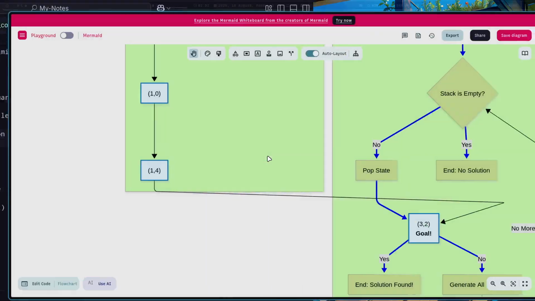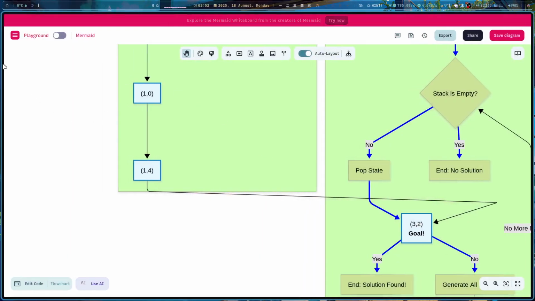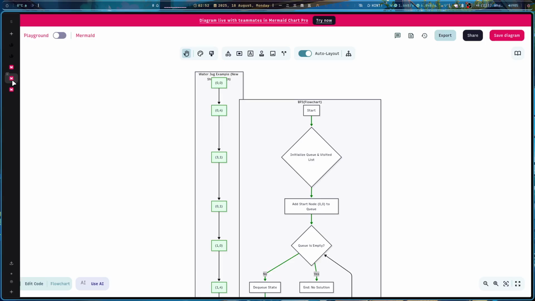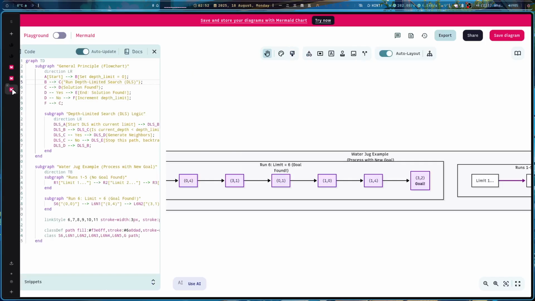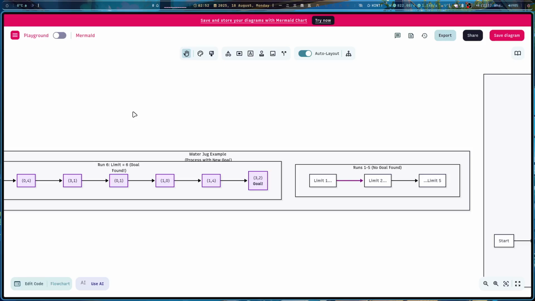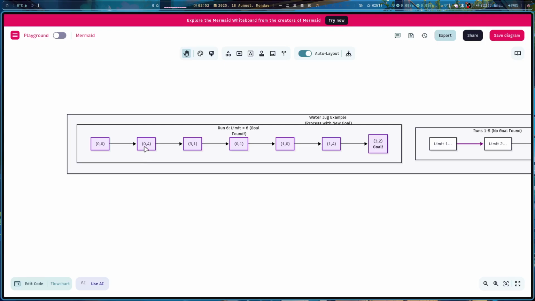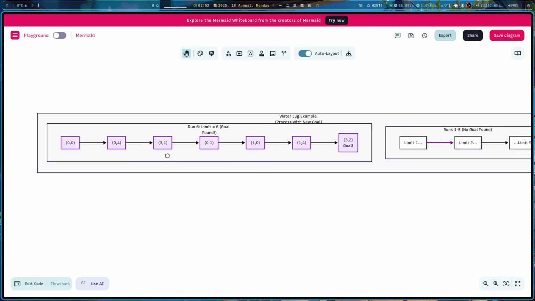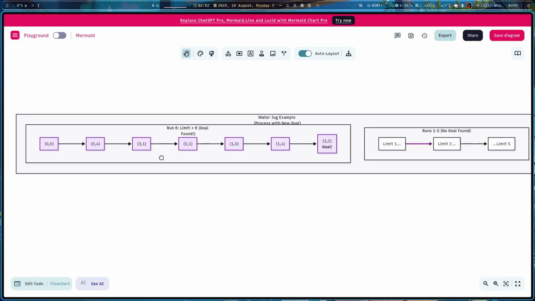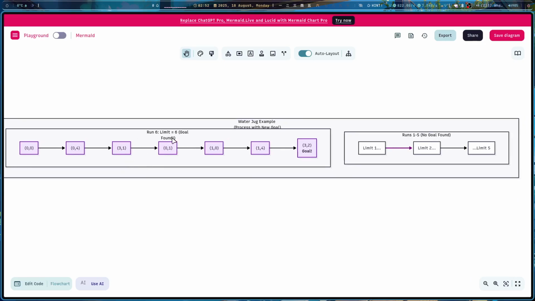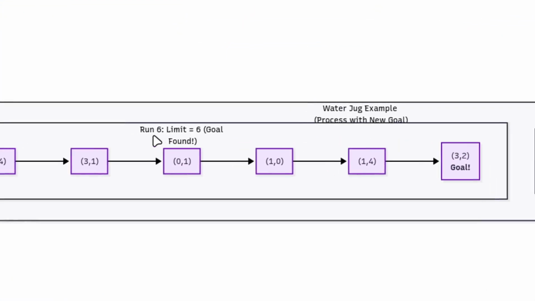Okay, now let's see it in a flowchart manner. So yeah, this is that. Suppose you start with 0, then you explore 0, means that you fill the 4-liter jug. Then see something very carefully, that this is run 6.